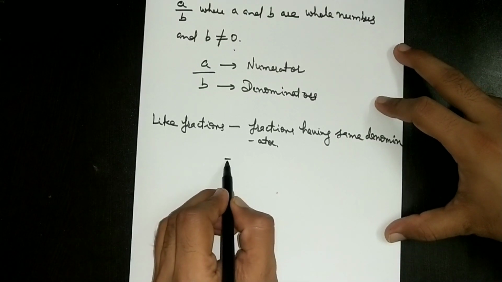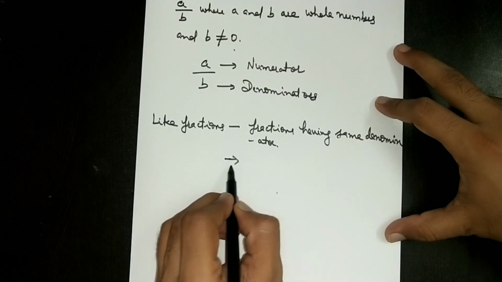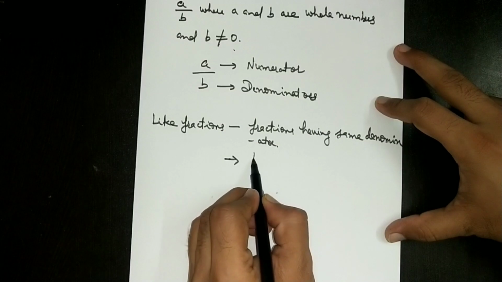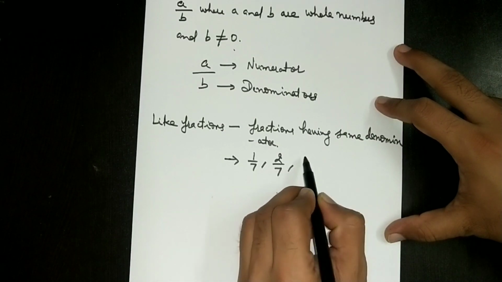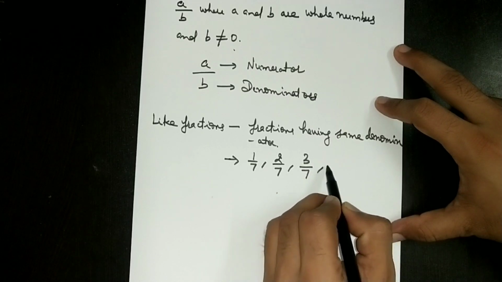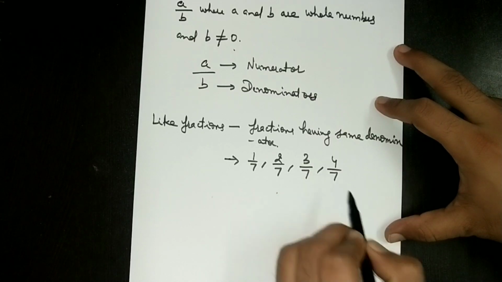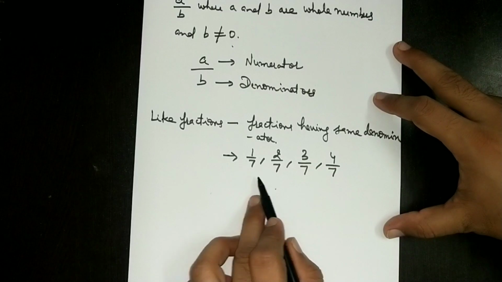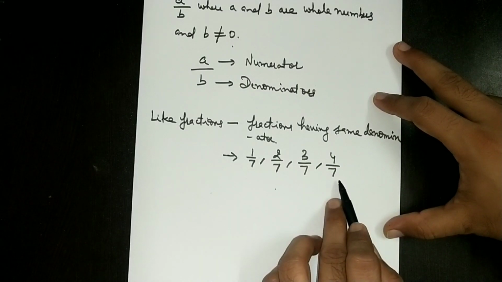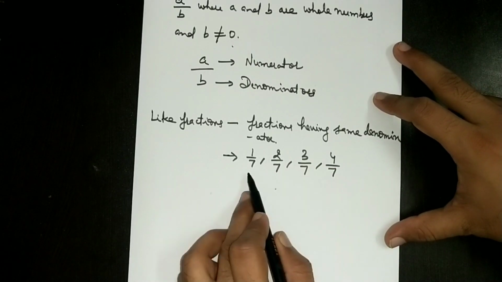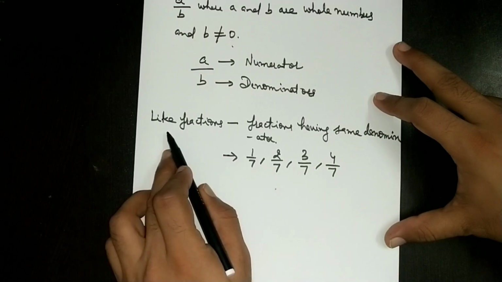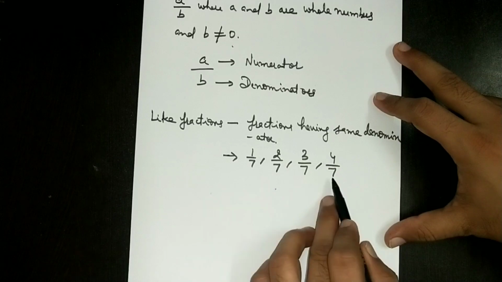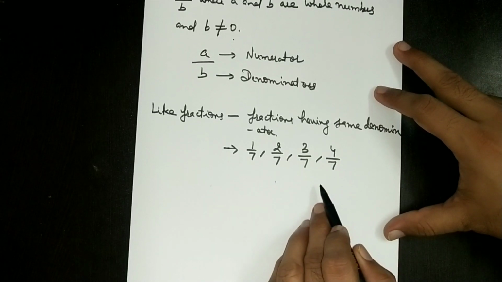Let's see some examples: 1 by 7, 2 by 7, 3 by 7, 4 by 7. In all four examples, the denominator is 7. So, the fractions having the same denominator are called like fractions.